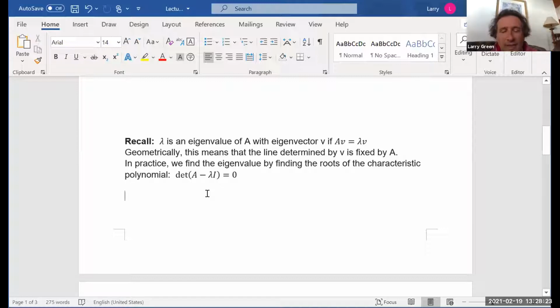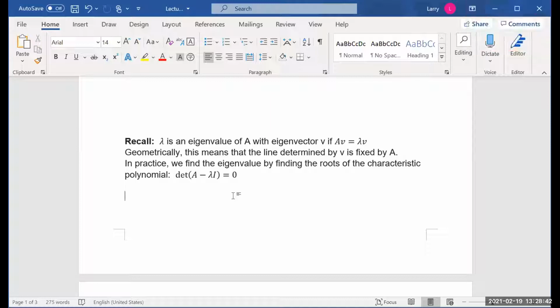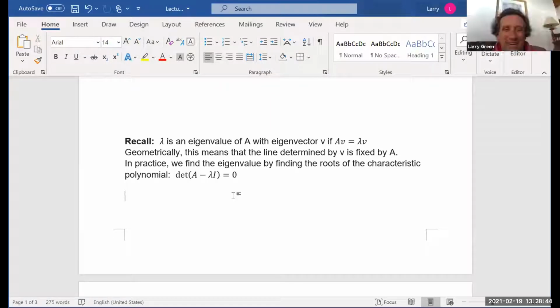On the other hand, 1x1 matrices are really boring. In fact, what are the eigenvalues of a 1x1 matrix? That number. Yeah, because you just have the determinant of the number minus lambda.